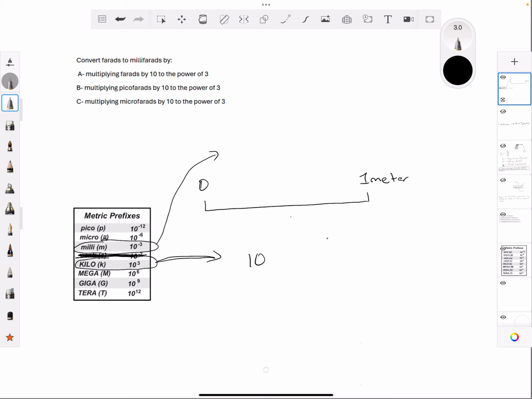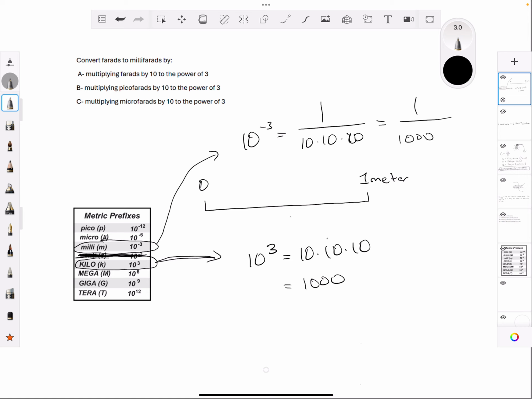Let's look at this. We know that 10 to the third power is 10 times 10 times 10, which is 1,000. What we may not know is that 10 to the negative third power is actually 1 divided by 10 times 10 times 10, or 1 divided by 1,000.